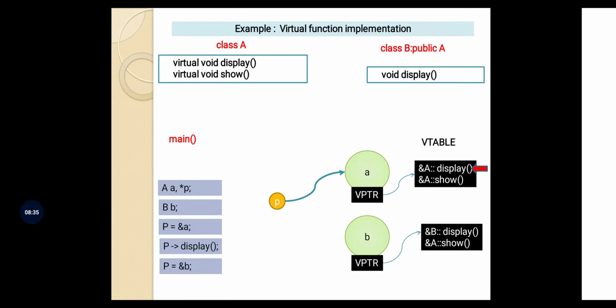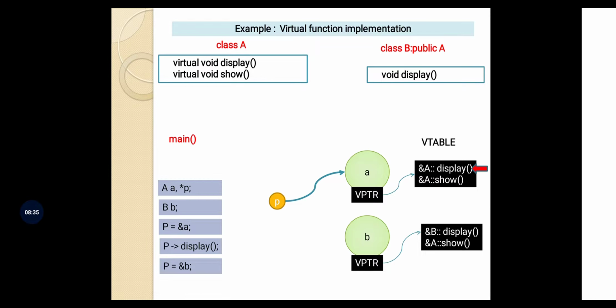It will be the display of the derived class, not the base class, because look at the connection here. P is connected to B, and B knows the display of the derived class. So this is how the display of the derived class is going to get invoked if you invoke P display. This is exactly how polymorphism in C++ is carried out, and this is exactly how the virtual pointer and virtual table help behind the scenes in order to achieve polymorphism.